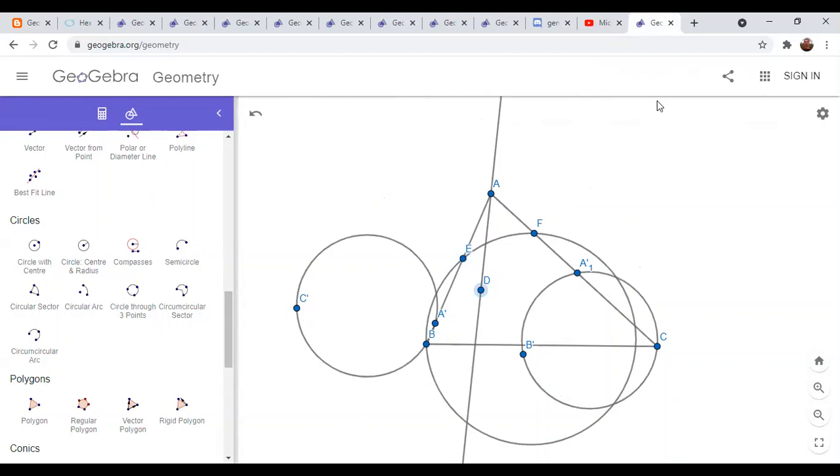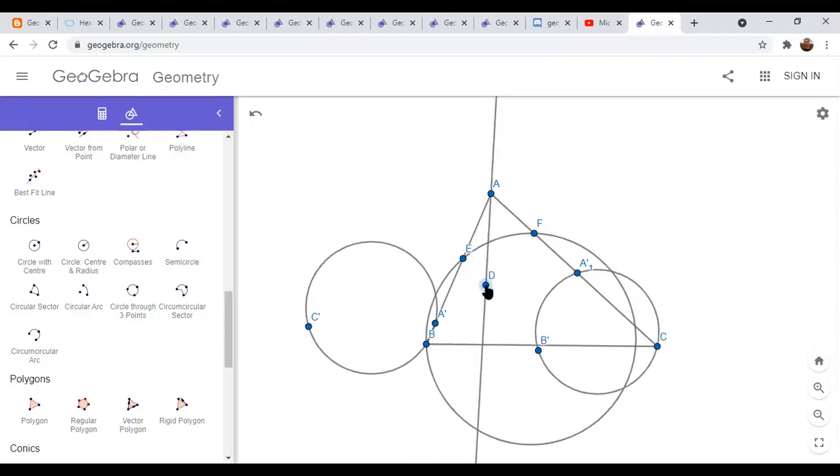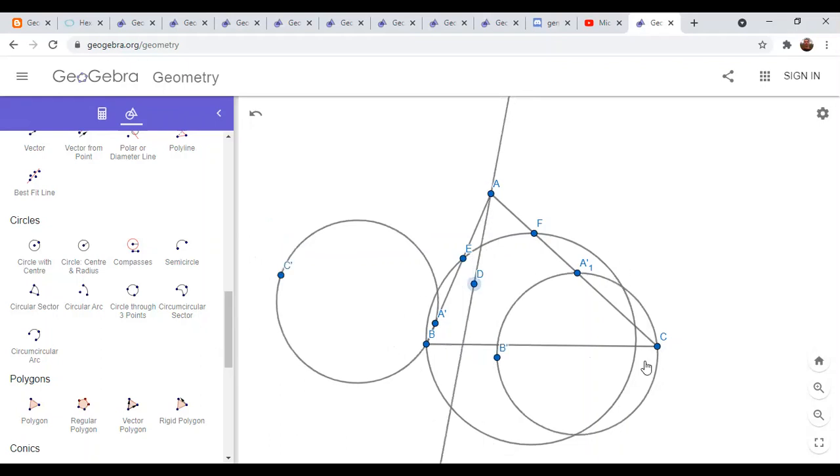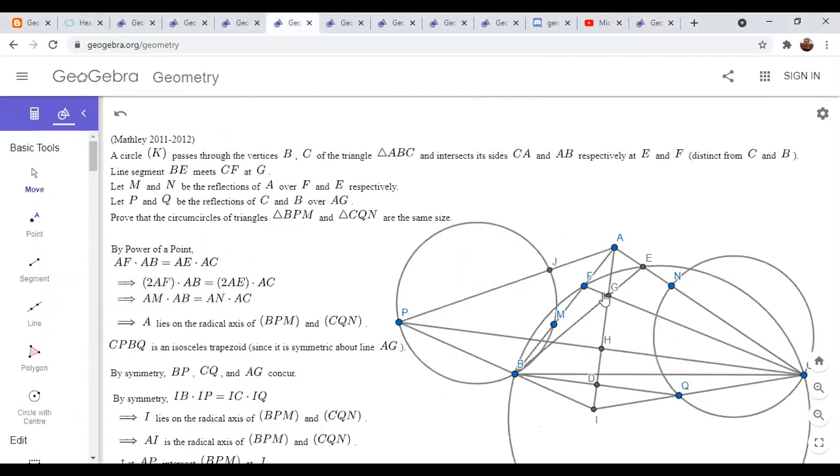Doesn't C have to be on that circle? I guess, yeah, BFEC has to be cyclic, but G doesn't have to be the intersection of BE and CF.